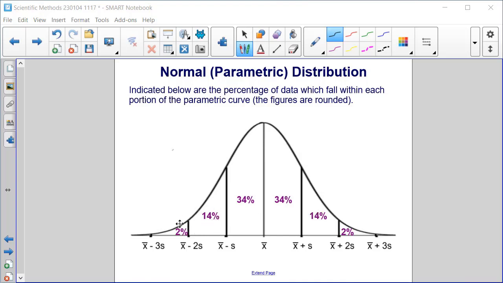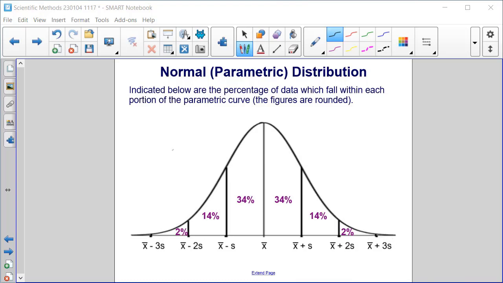So if I added these, this is 48 and 48, which is 96% of the data falling within 2 standard deviations of the mean. And then finally, this area here would encapsulate 2% of the data. And so would this 2% of the data. And so 100%, again, remember the figures are rounded here, of the data would fall within 3 standard deviations of the mean.